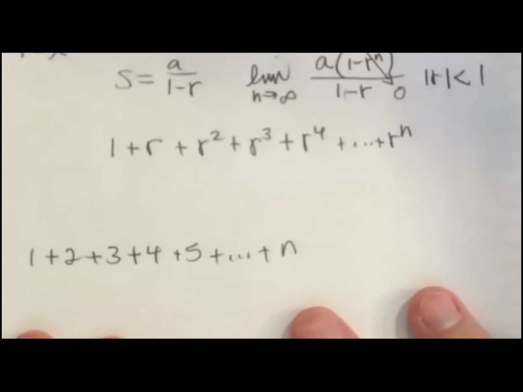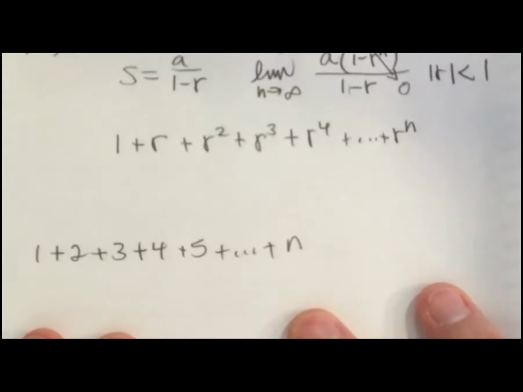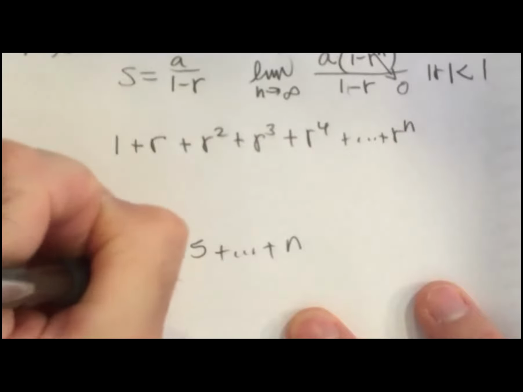Think about Gauss. What did he do? Oh yeah, it was n times n plus 1 divided by 2. Yes, that's the right formula, but how do you get it?